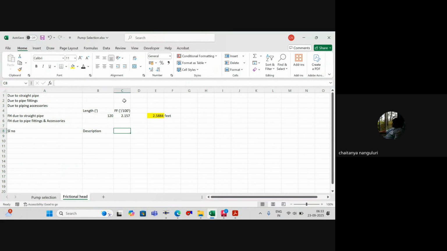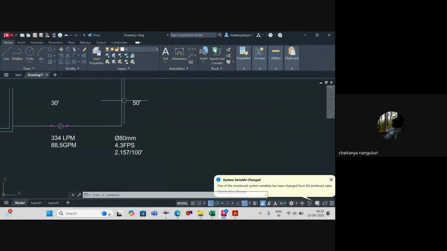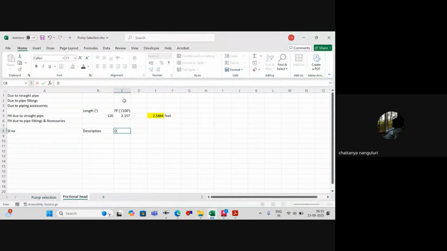diameter, equivalent length, then numbers, then total length. I have to write friction factor, that's more important.